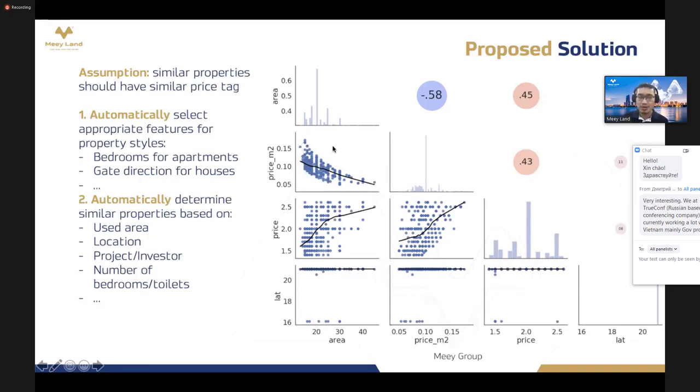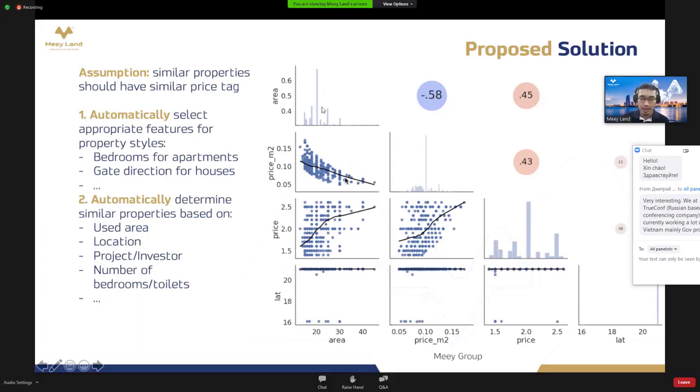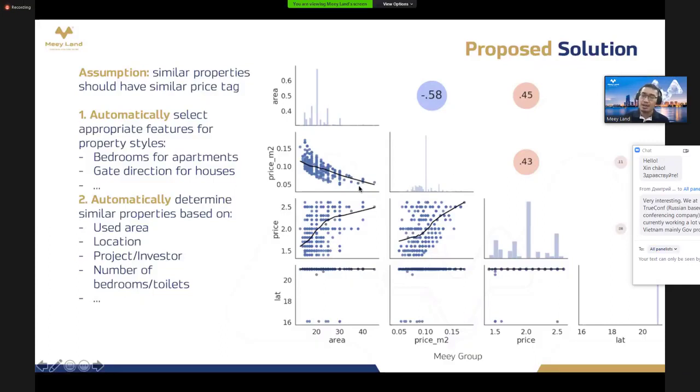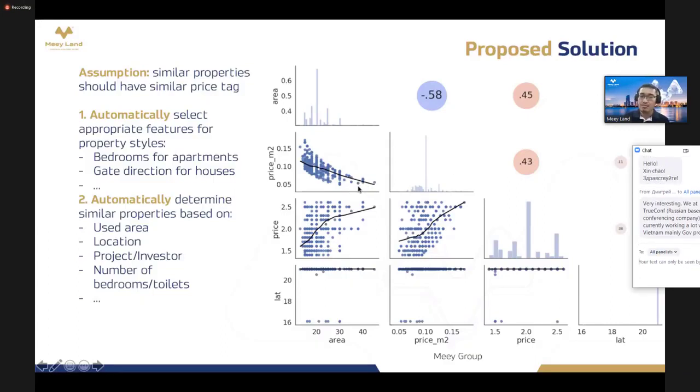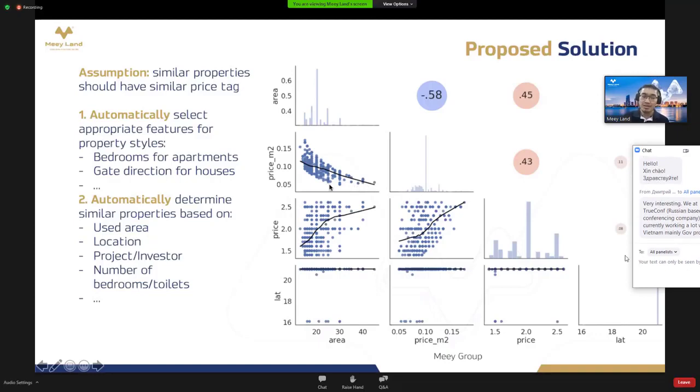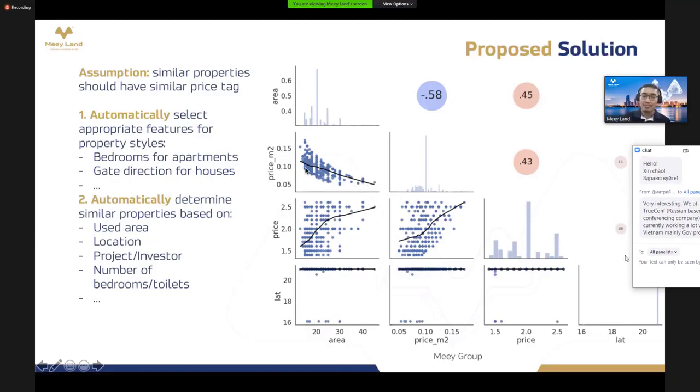It shows the relationship between the area and the price per square meter. The downtrend is quite clear. It means that if the area is very big, then the price per square meter will be quite small, and vice versa. If the area is quite small, then the price per square meter will be large.